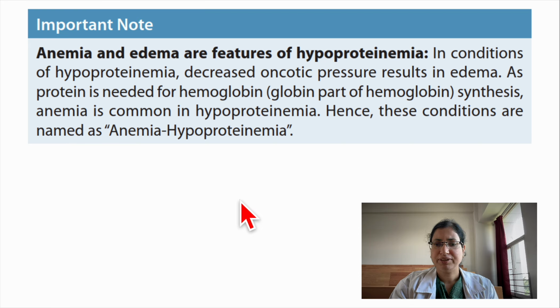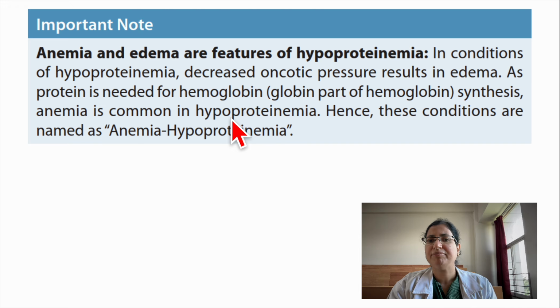So an important note here is that anemia and edema are features of hypoproteinemia. In conditions of hypoproteinemia, decreased oncotic pressure results in edema. Hypoproteinemia means decreased quantity of plasma proteins in the blood. Hypo means decrease; proteinemia, the protein content of blood.